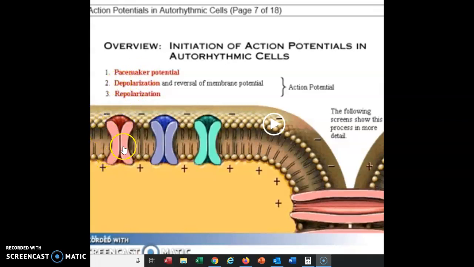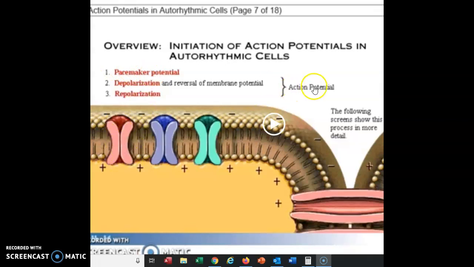And the reason for that is because we have enough sodium leak channels, to where there's always going to be a gradual leaking in of sodium into the cell through the leak channel. So pacemaker potential is going to be tied to the sodium leak channel.